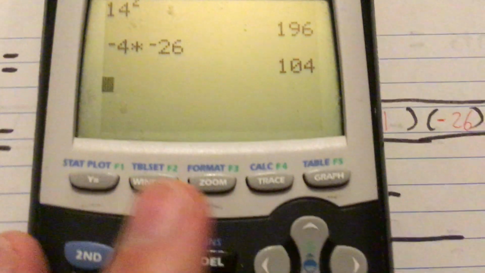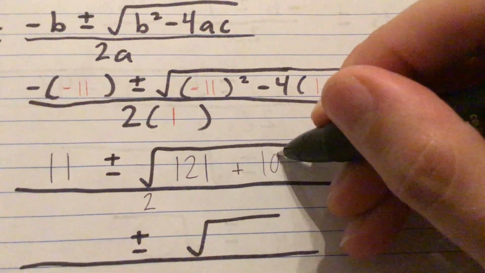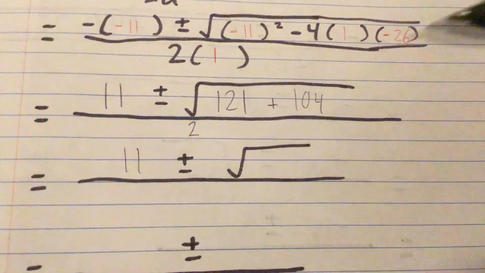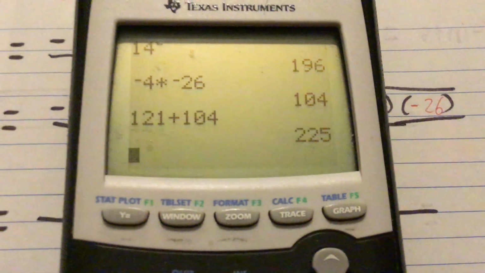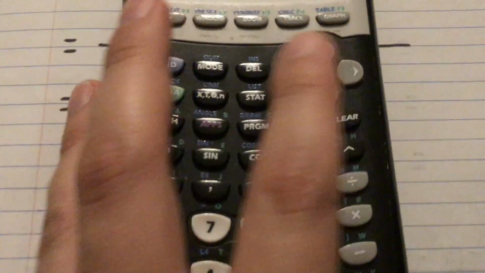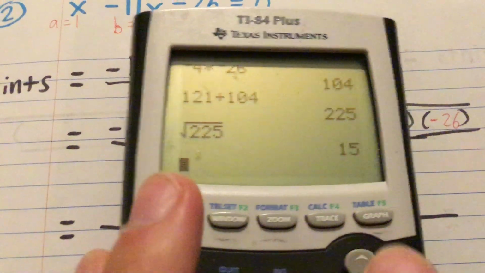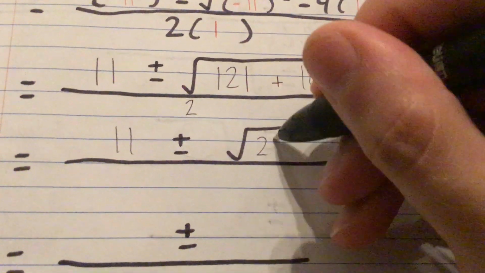That would be positive 104. Okay, so now I've got 11 plus or minus the square root of 121 plus 104. So that'd be 225. And then just for the heck of it, the square root of 225 is 15. Okay, so I've got 11 plus or minus the square root of 225 over 2.